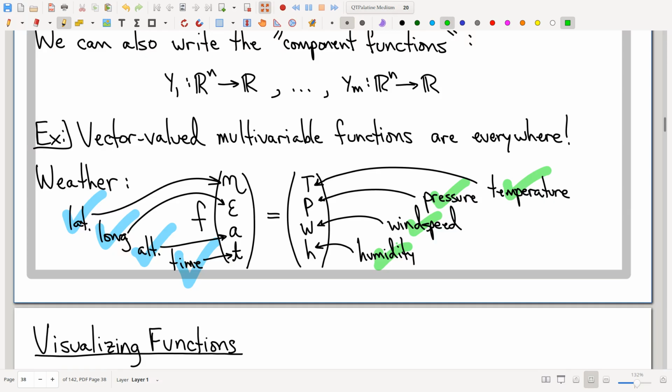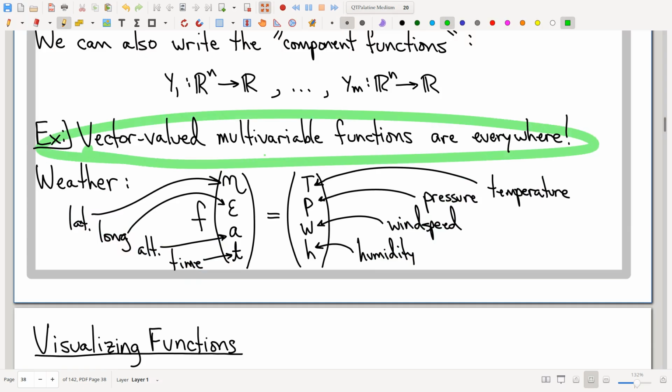Said differently, the outputs collect together to form a vector. And so vector valued, because the output values of this function are vectors. So, very, very, very useful to understand these kinds of functions.